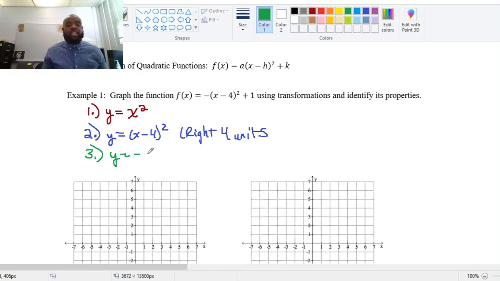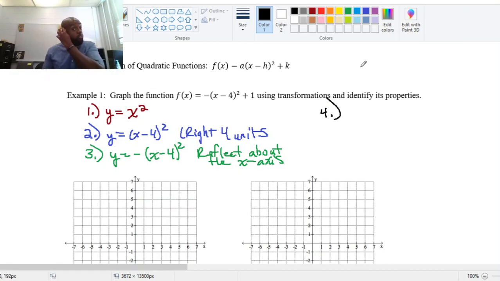That's the next operation, and this means to reflect about the x-axis. And then last but not least, I'm going to graph on the coordinate plane to the right the plus 1. And that just means that I shift up 1 unit.